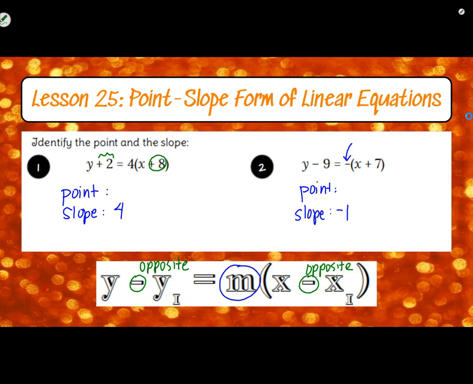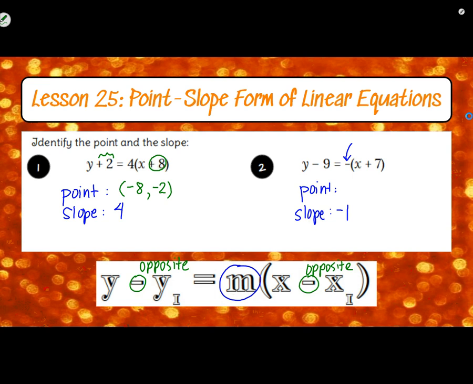So we're going to change signs. So because I see a positive 8 and they're hanging out with x, it's going to be a negative 8 as the point. And I see a positive 2 hanging out with y, the opposite of that is negative 2. So it's all about opposites when you're pulling those pieces out, and then when you're plugging them back in and creating those equations, it'll end up turning into its opposite as well.